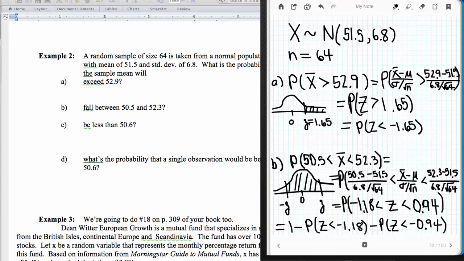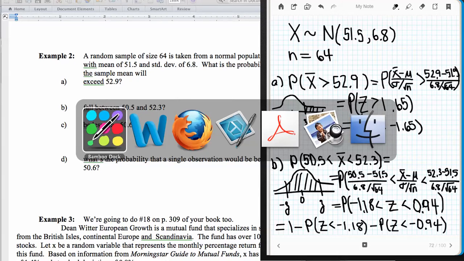So our first one says, what's the probability that the sample mean will exceed 52.9? So here you have x bar, the sample mean, exceeding 52.9. I've applied the central limit theorem by subtracting the mean of the population and dividing by the standard deviation divided by the square root of n, arriving at 1.65. Because I'm in the right tail, that's comparable to doing a left tail lookup, so I'll go over to my table and look that up.